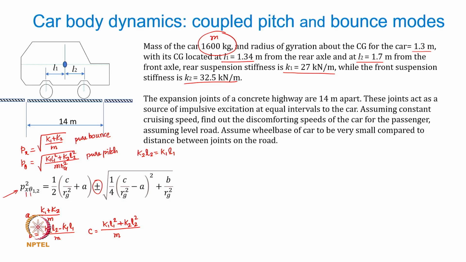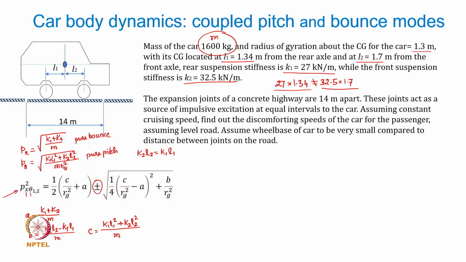If you substitute these values, of course, you can show that 27 times 1.34 is not going to be equal to 32.5 times 1.7. You can check this, it is definitely a larger value than this one. So this condition is not satisfied. So you basically have a coupled system here.